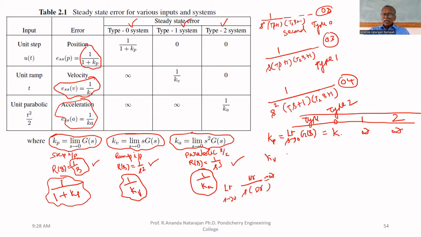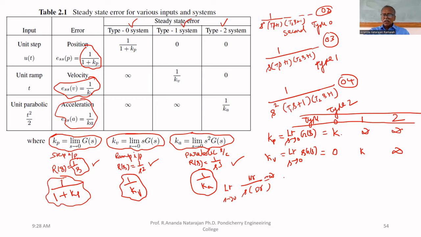Similarly, Kv is equal to limit S tends to 0, S G of S. For type 0 system, you will have S in the numerator, that's why you will get 0. Here, you will get K. Here, you will get infinity, because S square in the denominator.